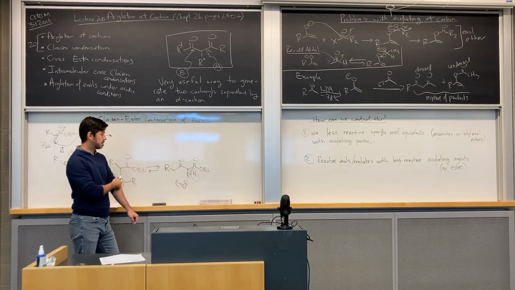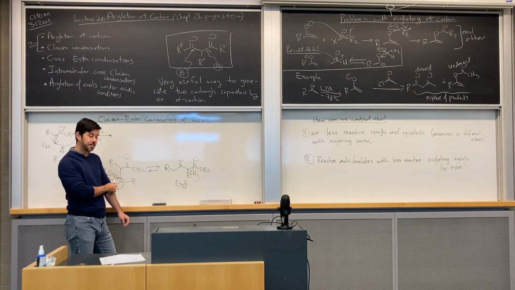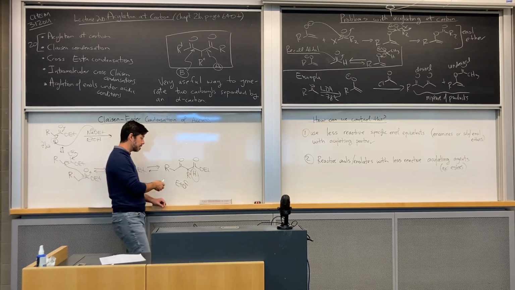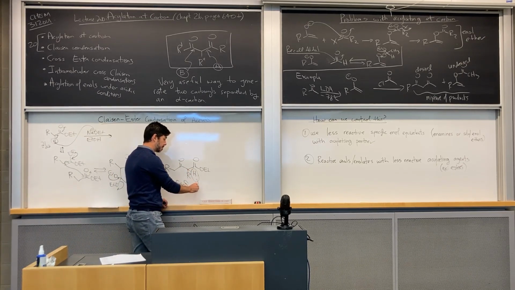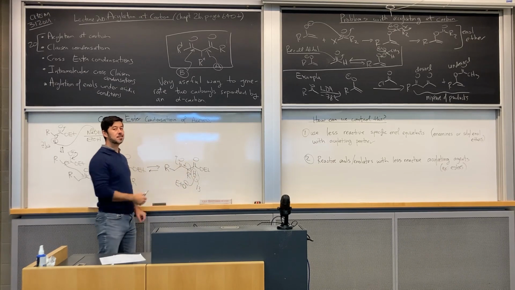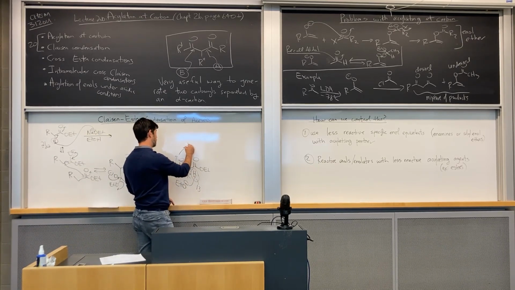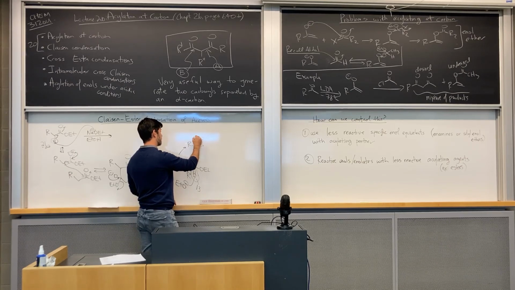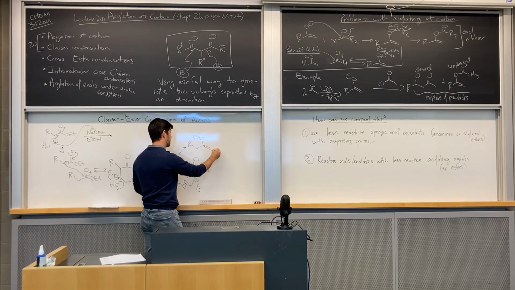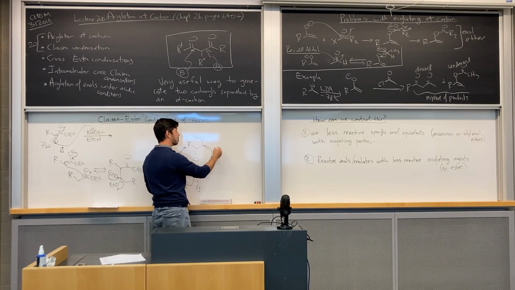So ethoxide, whose conjugate acid has a pKa of 16, sees this proton, which has a pKa of around 13, it's going to immediately pick up that proton and delocalize it on one of the sides of the carbonyl. When it does that, this step is going to be irreversible.